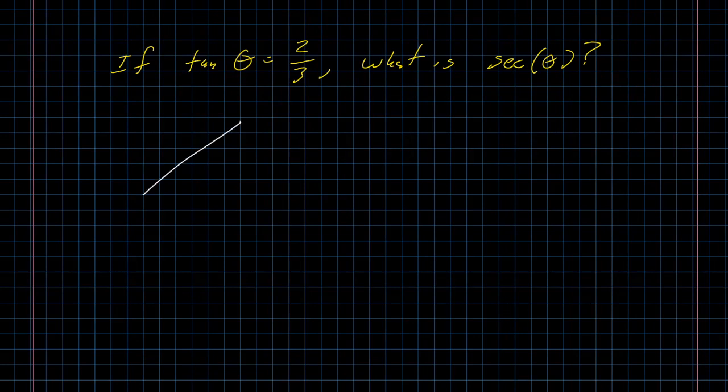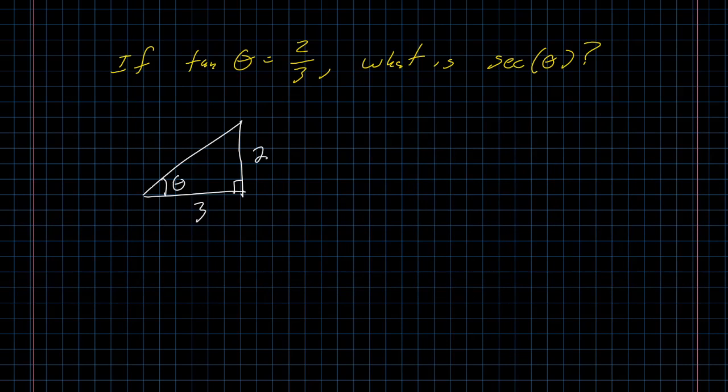I can draw out my triangle. I can mark in my angle theta. I can remember that tangent is opposite over adjacent. The opposite side of this triangle is over here. The adjacent side is here. So opposite over adjacent, 2/3. The easiest triangle that gives me that has an opposite side length 2 and an adjacent side length 3.